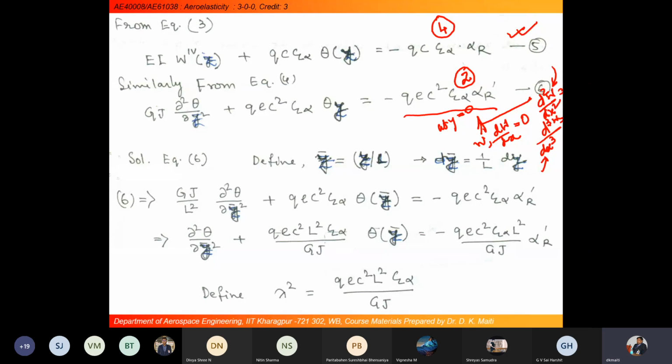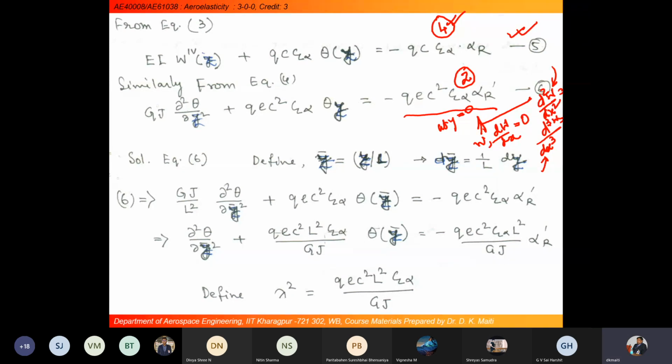So those are the 4 boundary conditions I am talking about here. Is it clear? Suppose we are taking a simply supported beam, then at both ends deflection will be 0 and bending moment will be 0. Those boundary conditions will change.